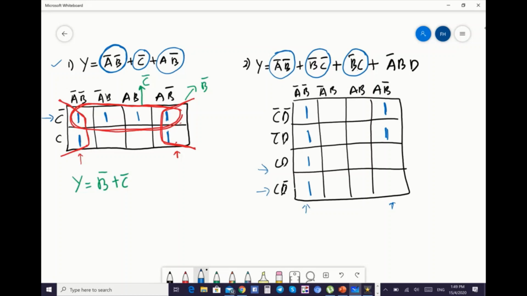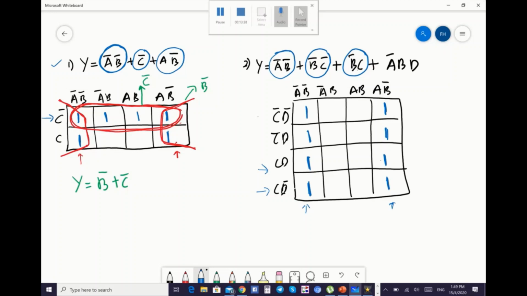Meaning that you don't have to look at the other rows, because they don't include the value C. Same goes with these 2 columns, because these 2 columns have B, not B bar. So that's why the values for B bar and C are 1, 2, already mapped, 3, 4. Okay, 1, 2, 3, and 4.